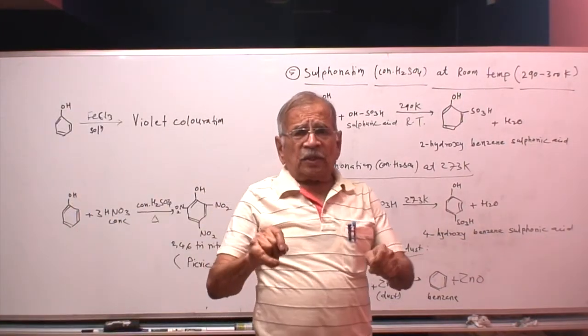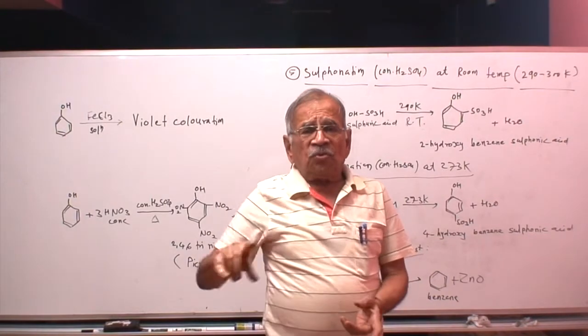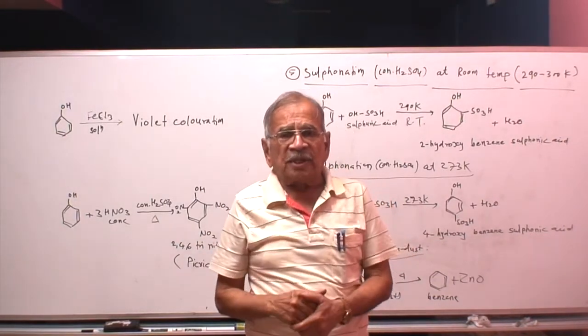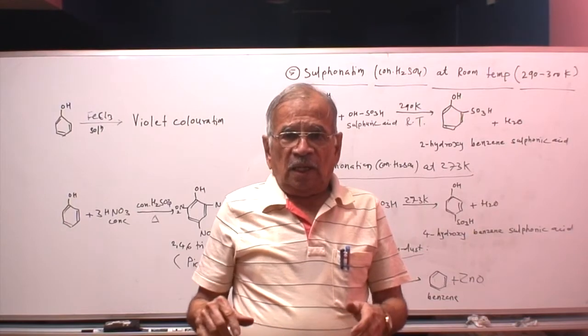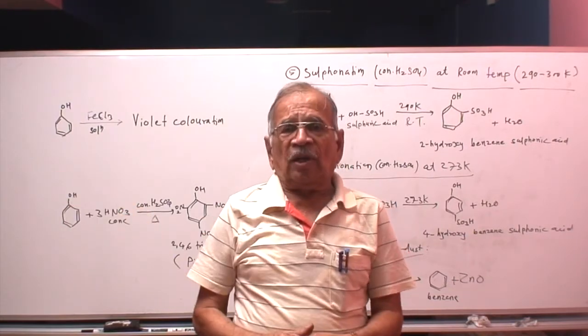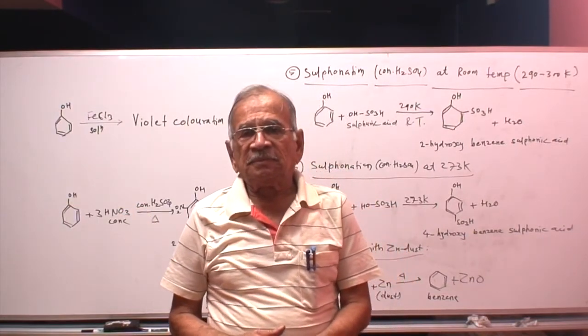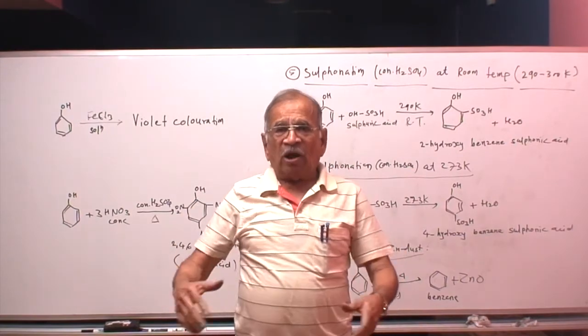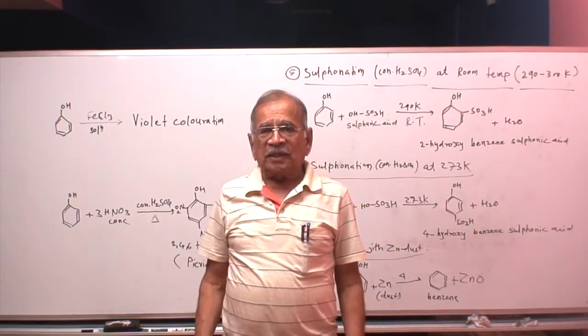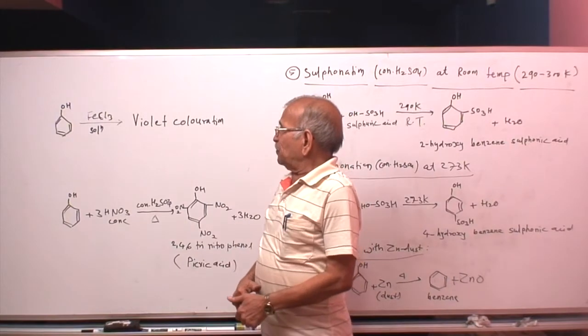With ferric chloride, phenol gives a color test. It produces violet coloration of ferric phenoxide. Violet coloration of ferric phenoxide.